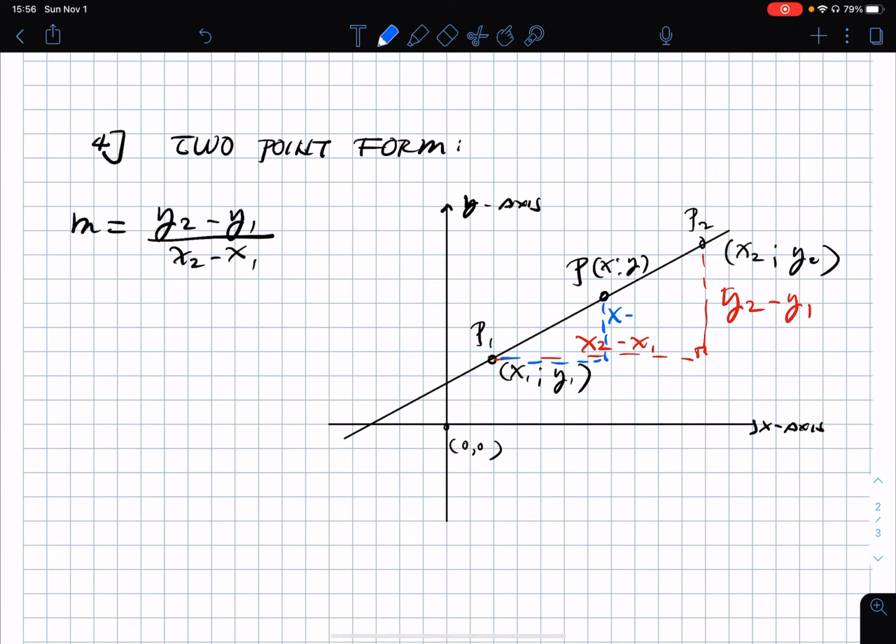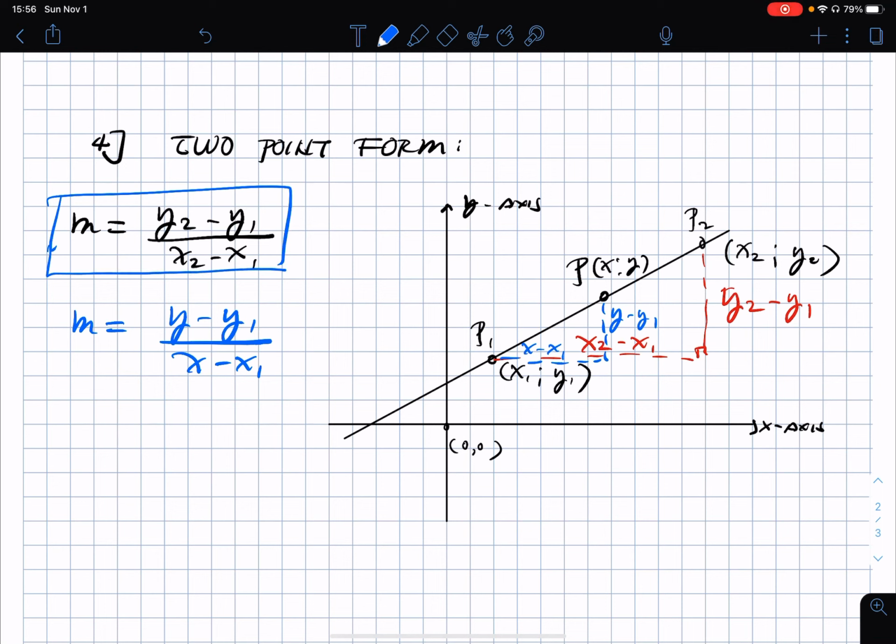This is your y minus y1, and this horizontal is x minus x1. So your slope here will be y minus y1 divided by x minus x1. So these are your two equations for a straight line using the 2-point form. Next time, I'll give you some example problems. Thank you.